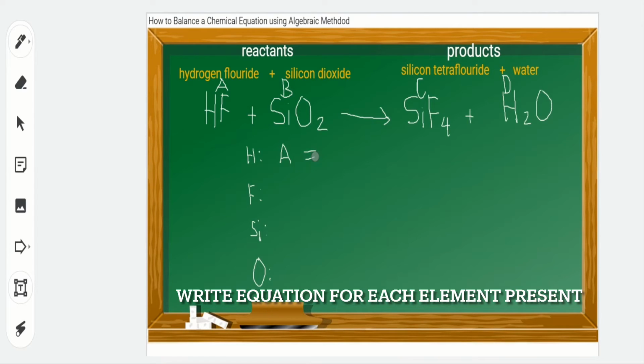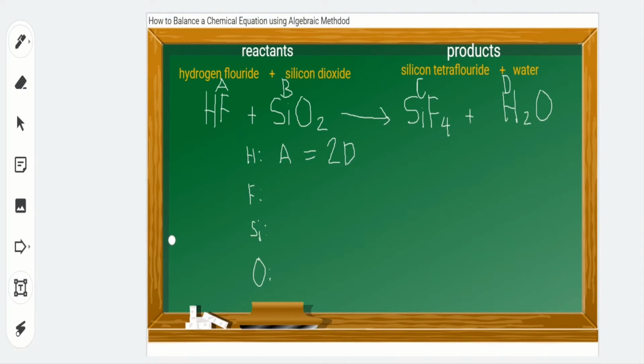Titingnan mo yung katumbas niya sa kabilang side, sa product side. Asan siya? Ito. 2, yung subscript na 2, kokopyahin mo yan. 2, and then of course, yung symbol niya which is D. 2D. A is equal to 2D. Yan. Susulat natin muna.